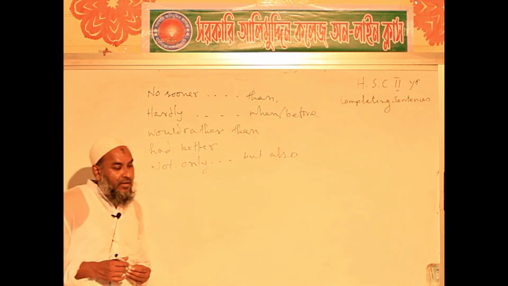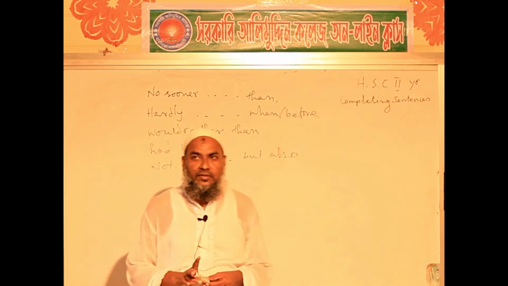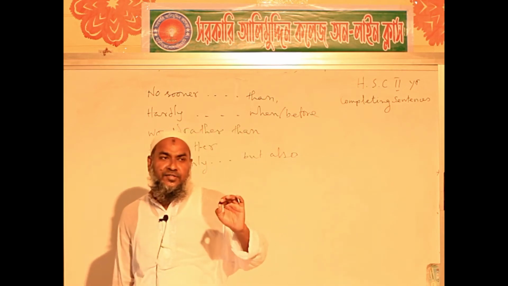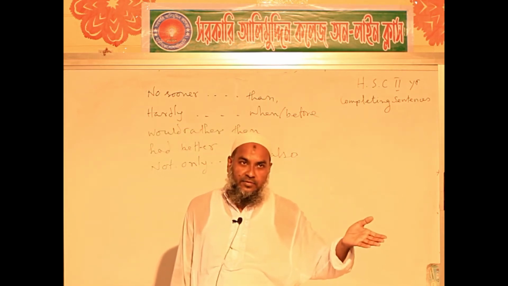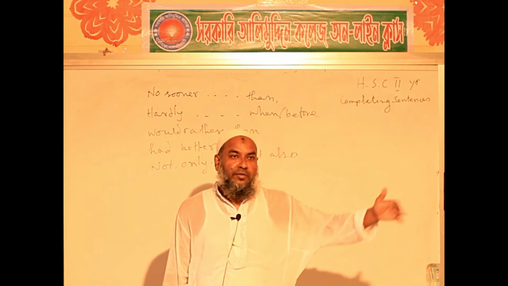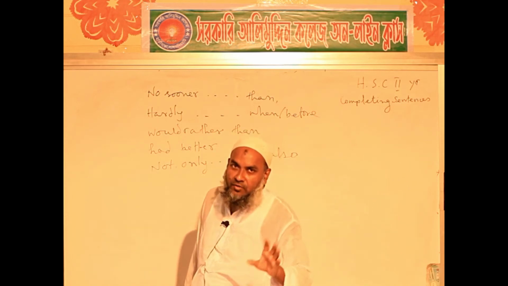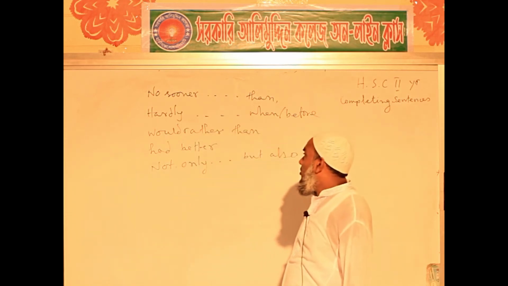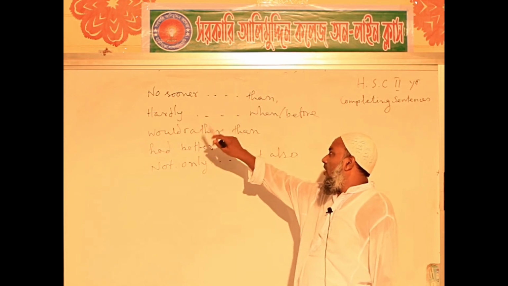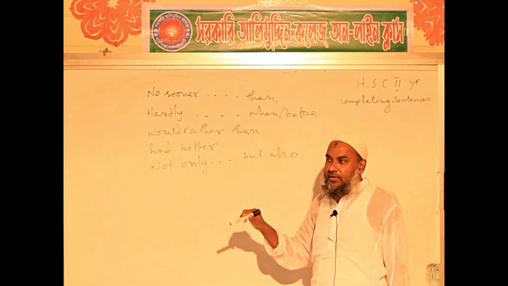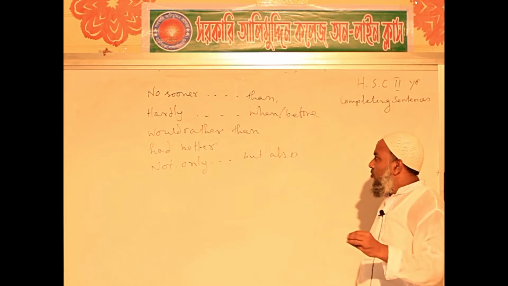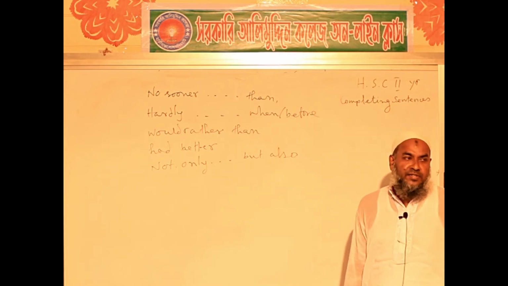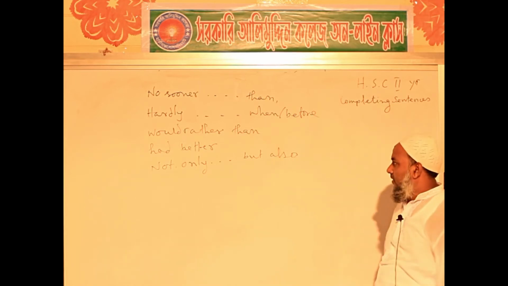Suppose in your exam question you have to complete a sentence using no sooner than. So how should you proceed if you get such a sentence? Suppose you have got a sentence on hardly when, then I will try my best to teach you how you can complete a sentence if you get such a structure.